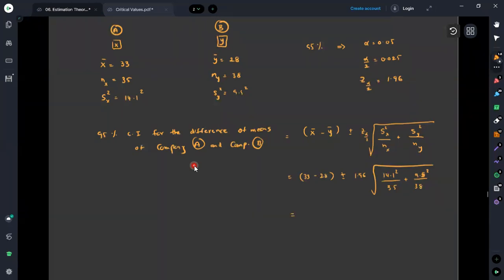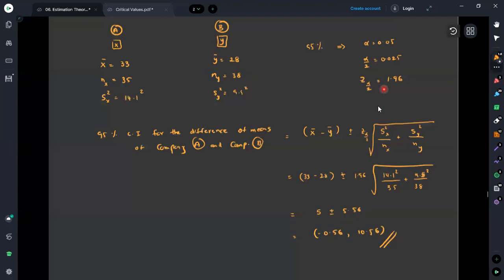This calculation gives 5 plus or minus 5.56. We get the 95% confidence interval for the difference as minus 0.56 to 10.56. This is how we construct the confidence interval for the difference of means with large independent samples having unknown population variance.